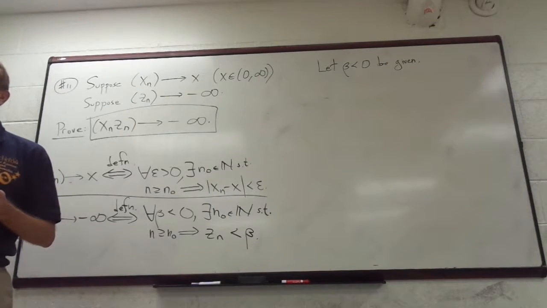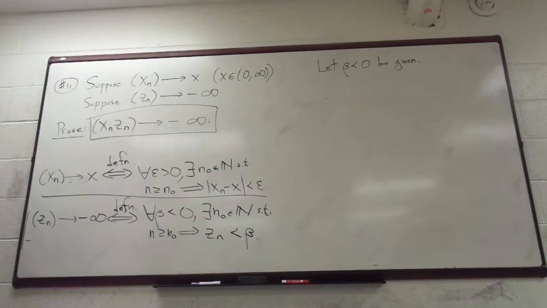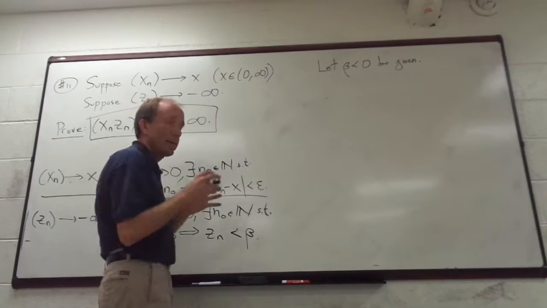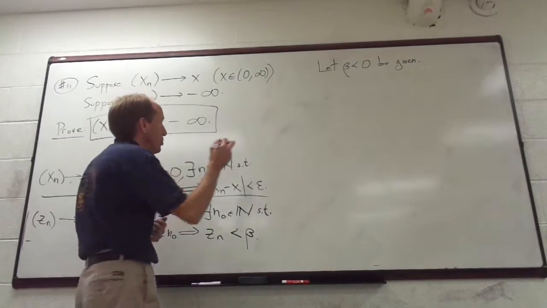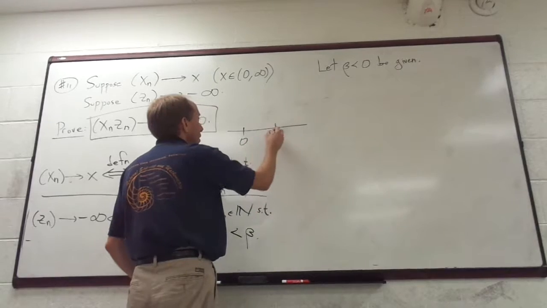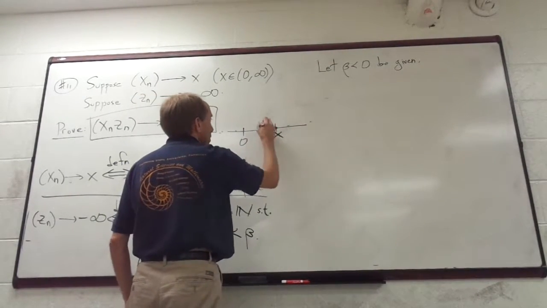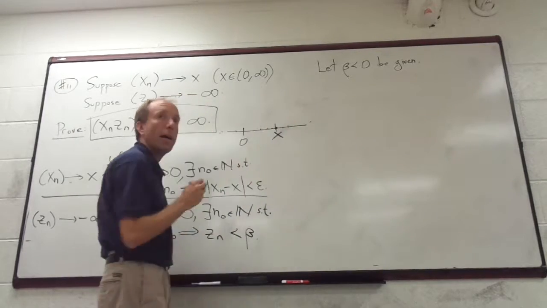Can you just use epsilon, and then for the z, can you use beta over epsilon? When you multiply them together, you get beta. You want something that multiplies to give you beta. So here's 0, and x is over here somewhere. The xn sequence could be all over the place for a while, but eventually it's coming into x.